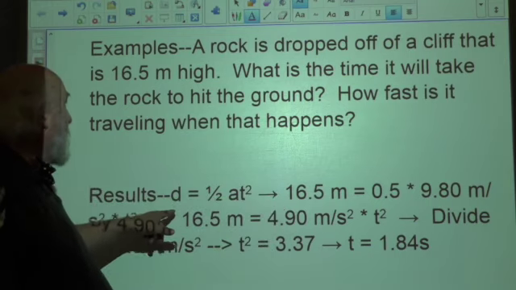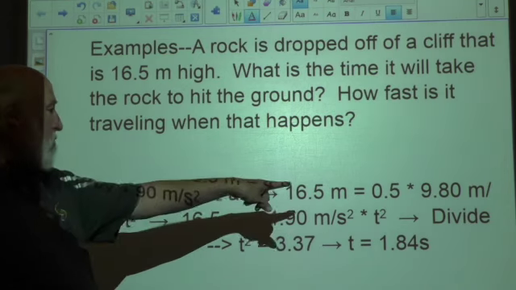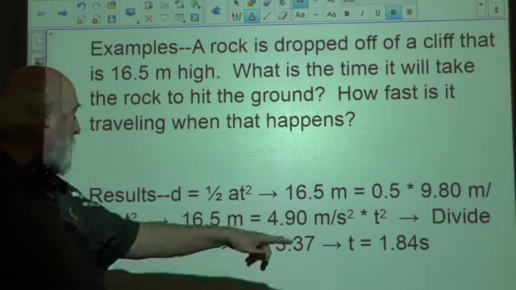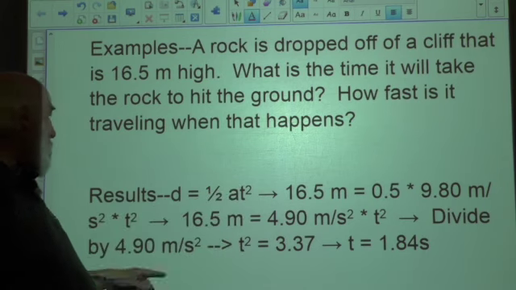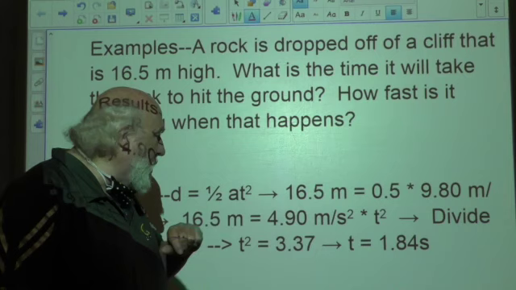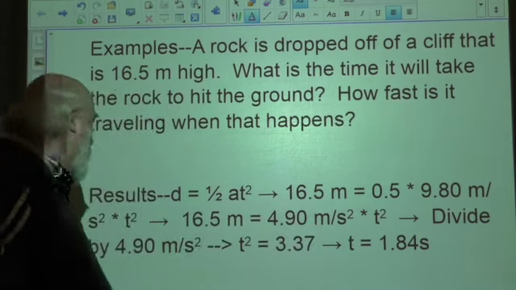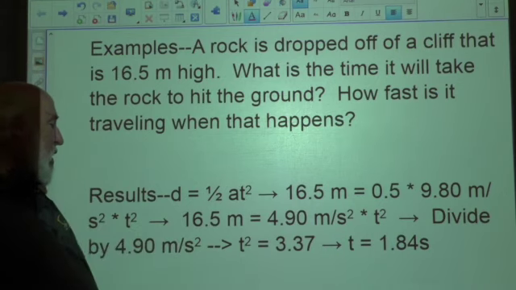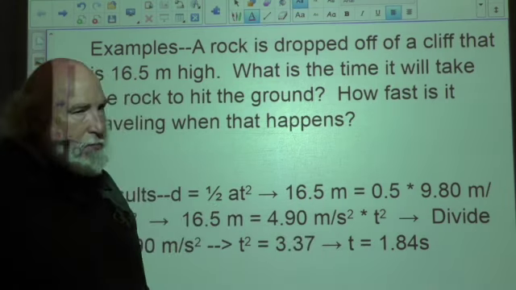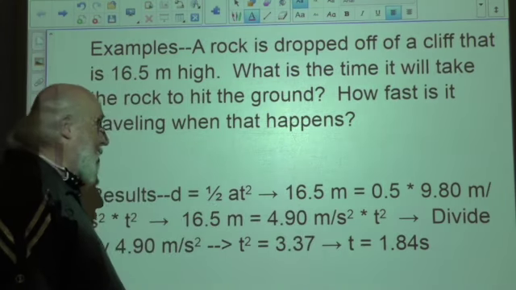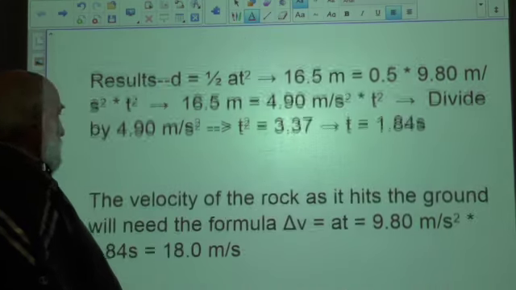So 16.5 meters is the height of the cliff, so we know that's the distance we're dealing with. 1/2 is 0.5, A or G is 9.80 meters per second squared, times the unknown T squared. 1/2 of 9.80 is 4.90. And we're going to divide both sides by 4.90 to get T squared by itself, and we get 3.37. Take the square root of both sides, and the time it takes for the rock to hit the bottom will be 1.84 seconds.